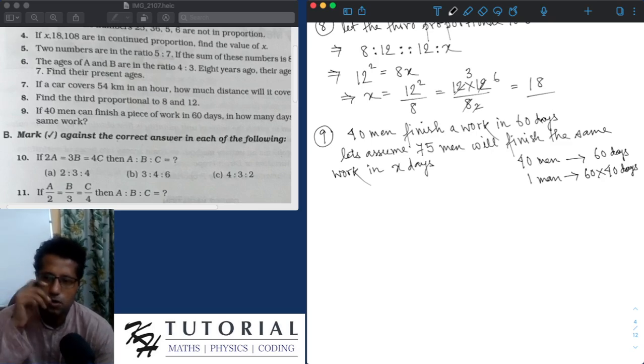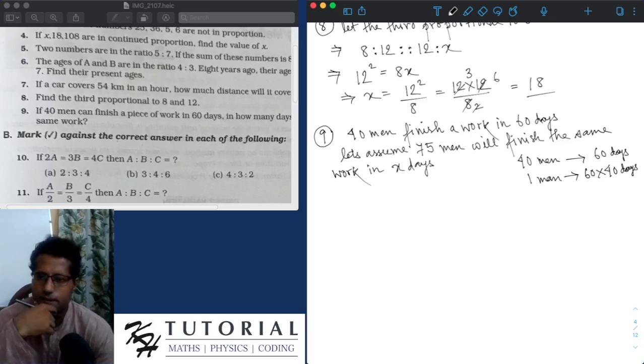This thing should be constant. The work which this problem is referring to is completed in 60 into 40 days by a single person. This is constant.